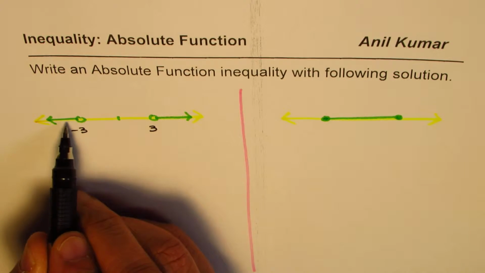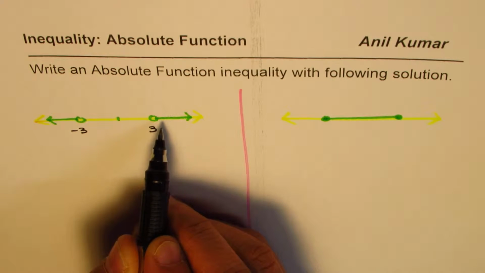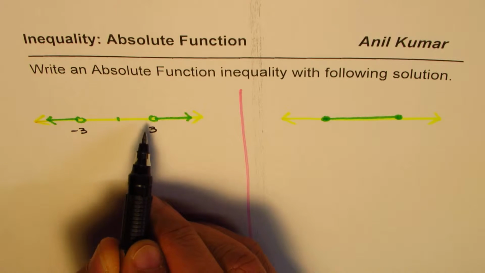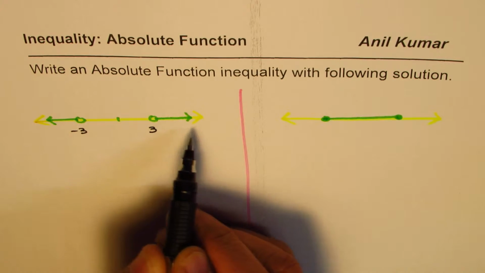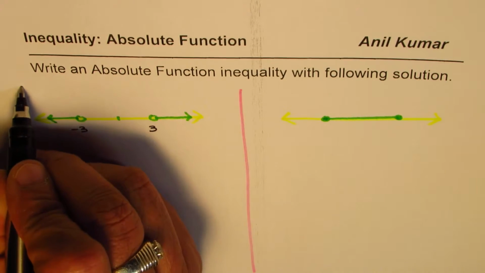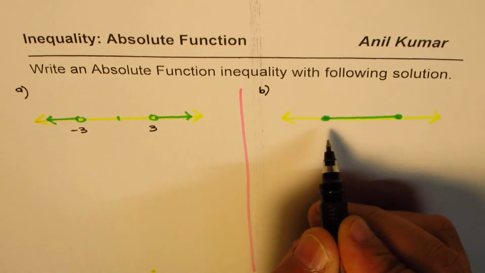Now that green arrow indicates a solution to your absolute inequality. You have to write a function, rather an inequality, whose solution is as given on this number line. So let this be A, and part B is kind of difficult.